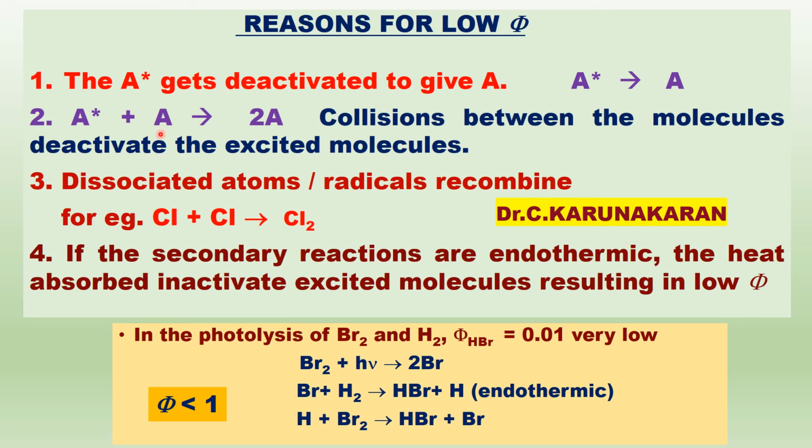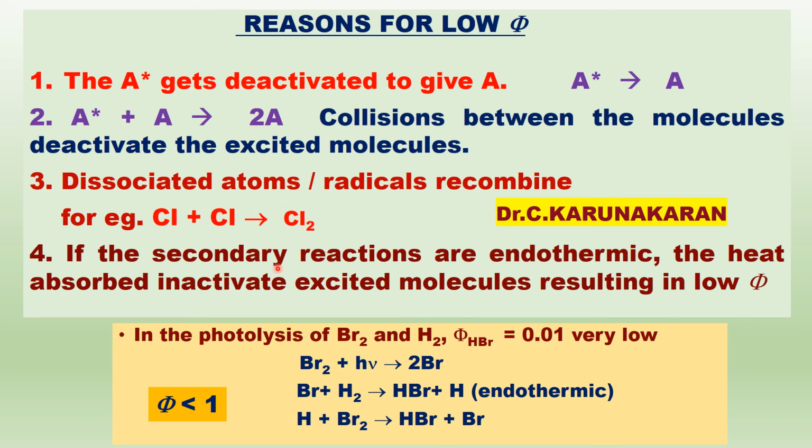The excited molecule A star collides with a normal molecule to form 2A. These collisions between the molecules deactivate the excited molecules. Another reason for low quantum yield is that dissociated atoms or radicals combine to form the reactant molecule back.